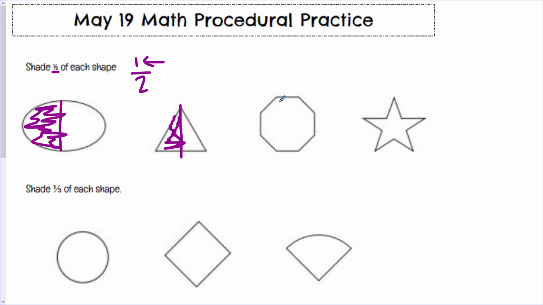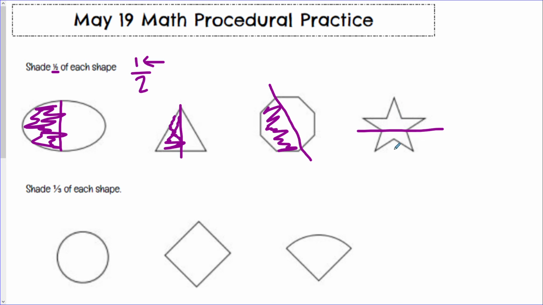Okay, same thing, 1/2. You're going to cut it in half. So you can cut it this way, you can cut it straight down, you can cut it this way, but again, then you're going to shade in one of those halves. Same thing again, remember, your halves have to be the same size.